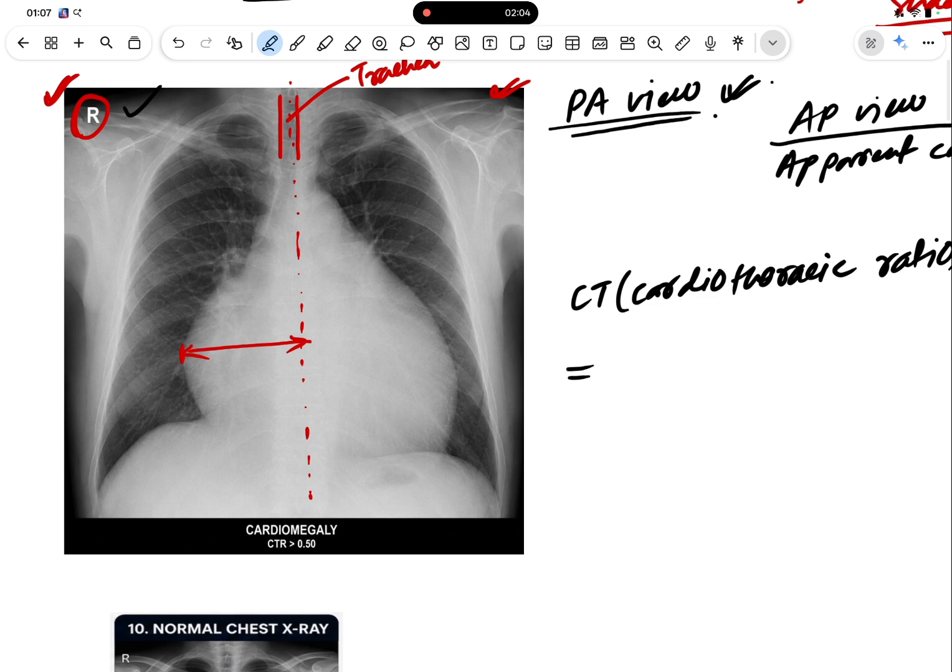On the right side of the patient, this is the maximum length of cardiac shadow, we call it A, and on the left side, this is the maximum point. So this is the maximum length of cardiac shadow, we call it B, and this angle is the costophrenic angle, right?